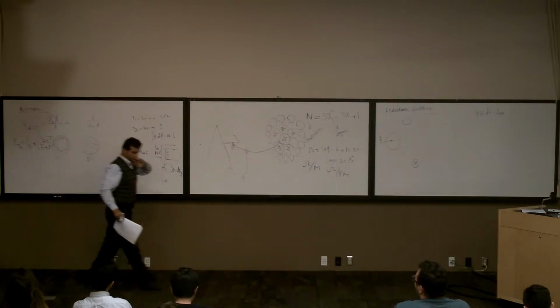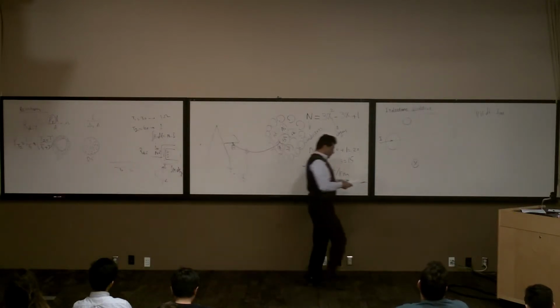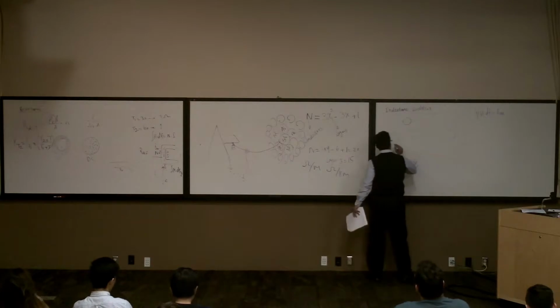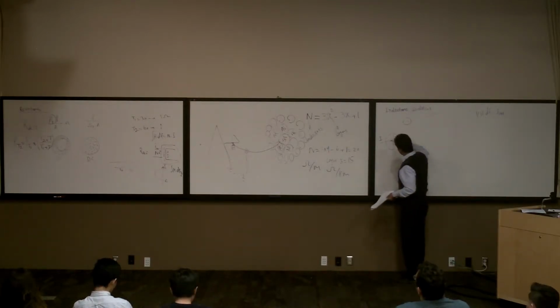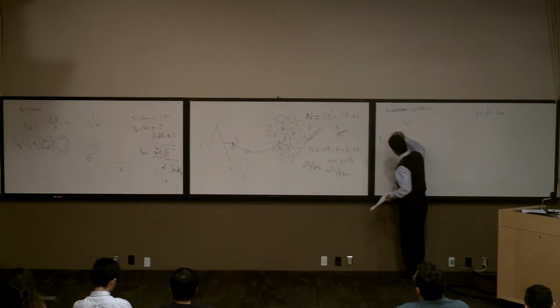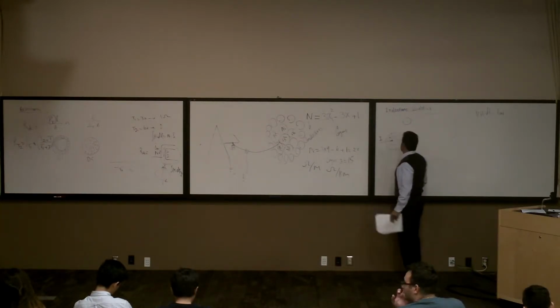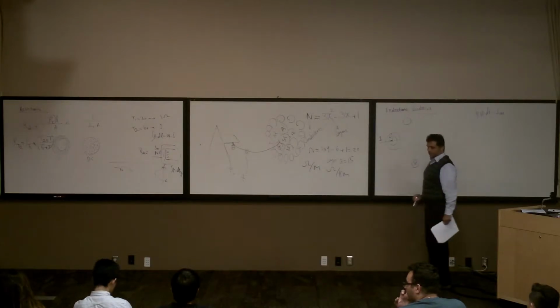Now let's look at here. I'm going to go inside this one. The radius of this conductor is R. I'm going to select another circle inside this one.